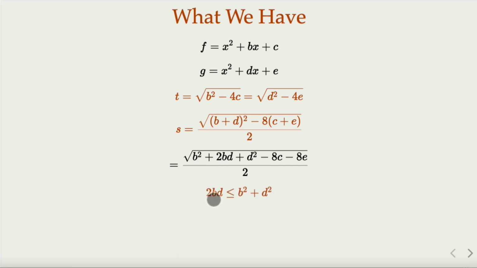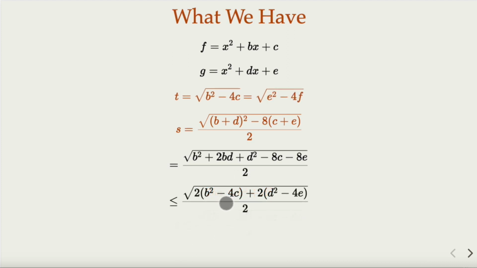This is true for all real numbers. Equality holds when b equals d. Now we're going to replace this with b squared plus d squared, and that would give us twice b squared and d squared. Alright, let's do it. So that's what we have.